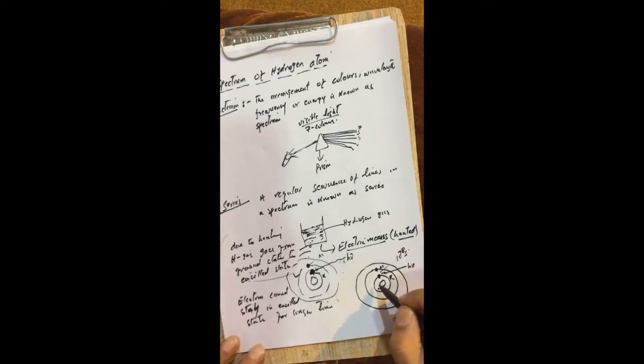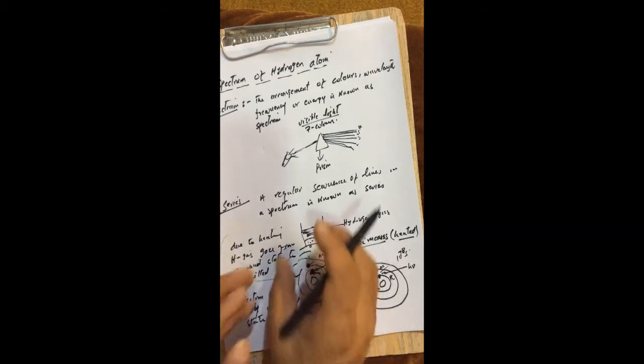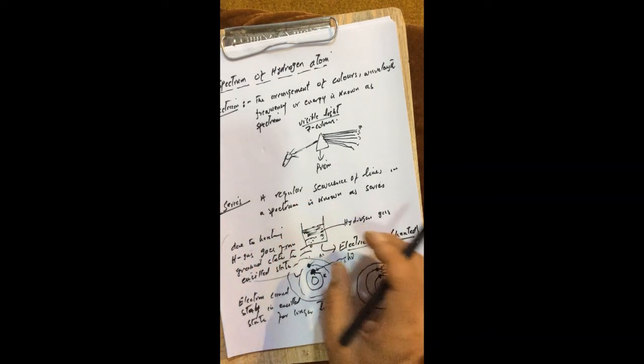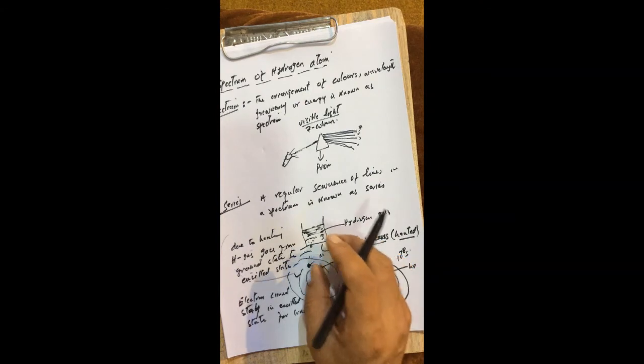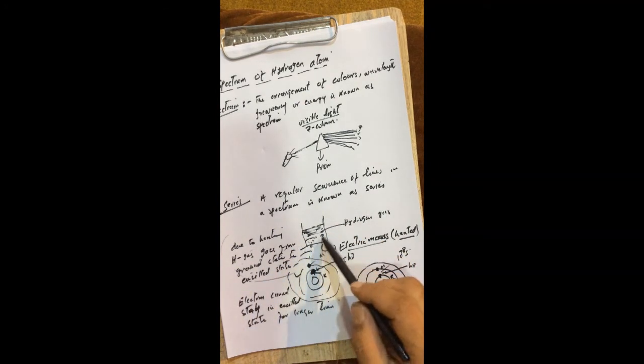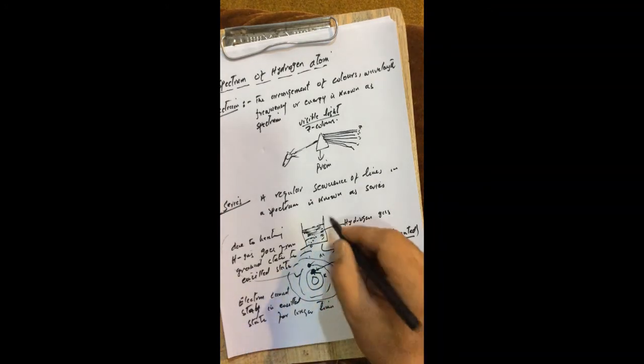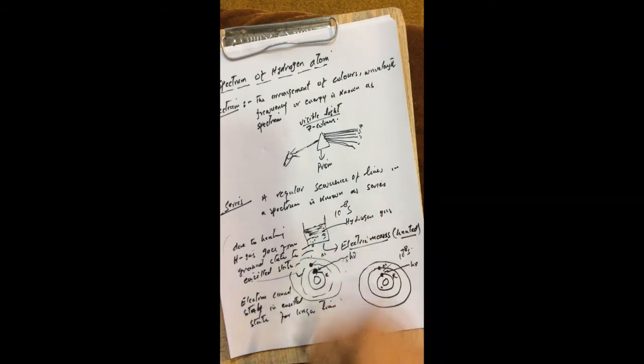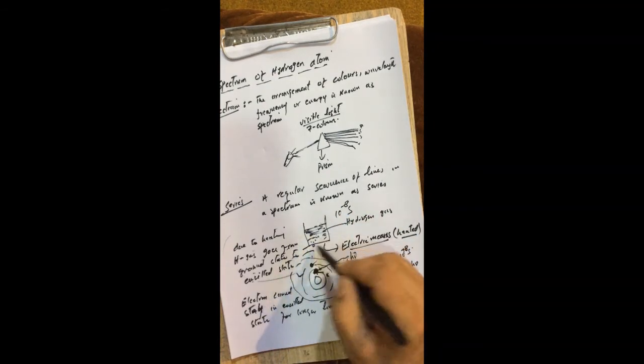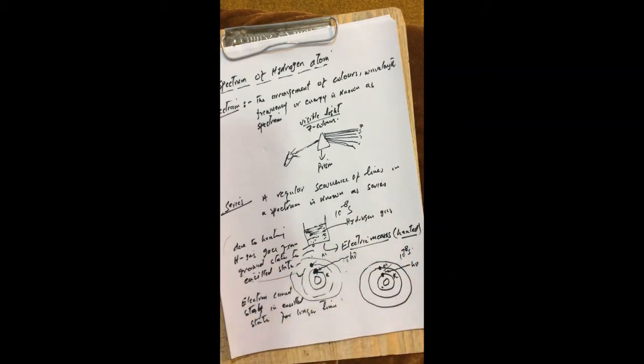So it means that the hydrogen gas which is excited from ground state to excited state cannot stay longer in the excited state. In a time of 10 raised to the power minus 8 second, this gas goes back to its ground state. Once the electron goes back to its ground state, what will happen?